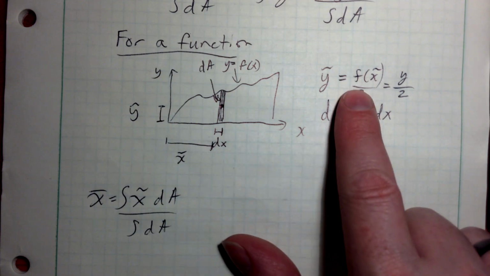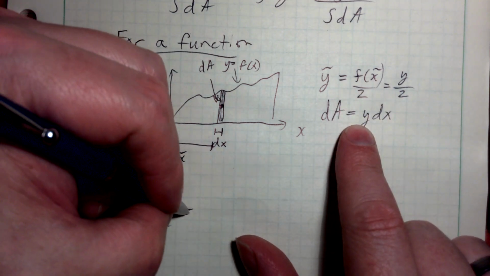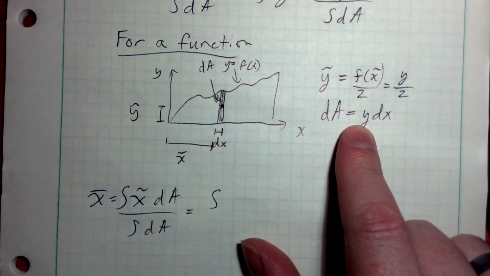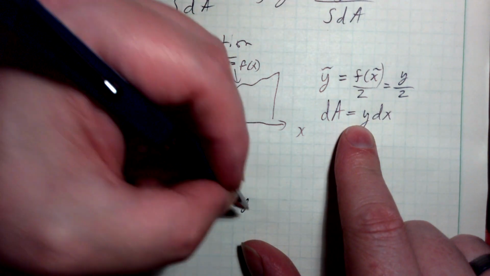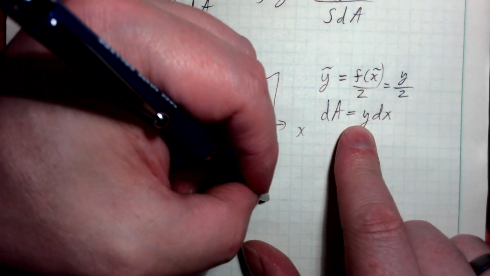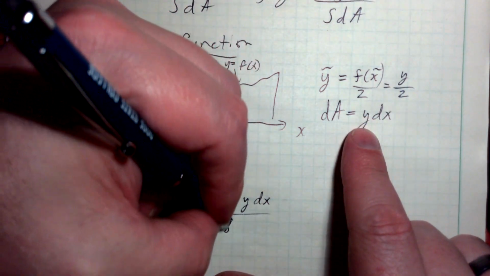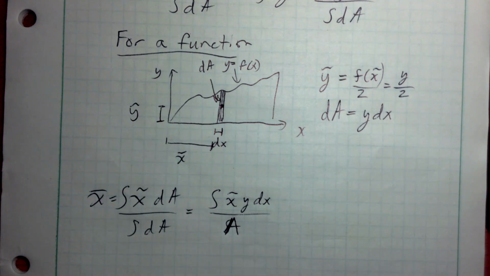Well, I'm going to substitute in here for dA. So this is going to become this x tilde value multiplied by y dx. I'm going to substitute this in for dA. And the bottom one is just going to be the total area, because that's what the integral of dA is. It's just the total area.